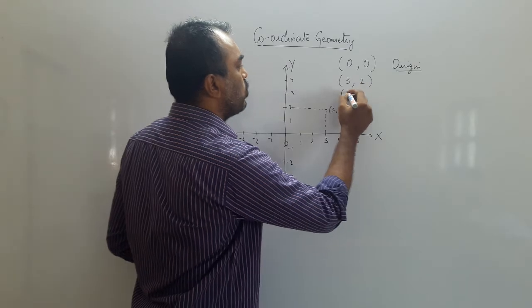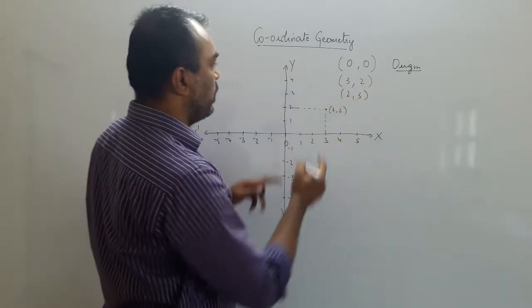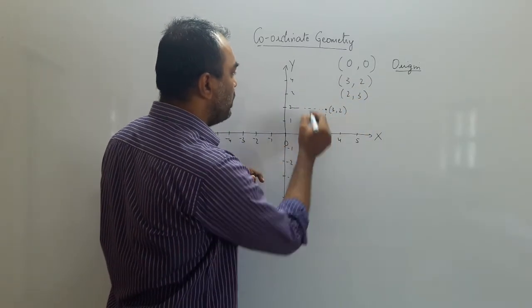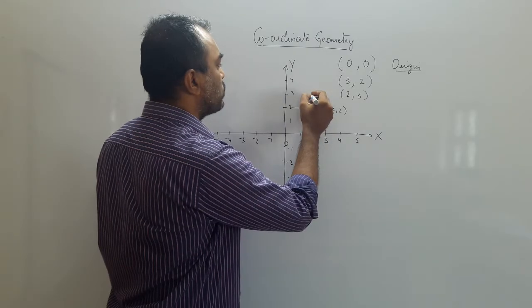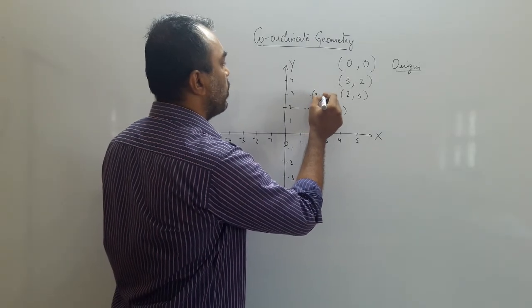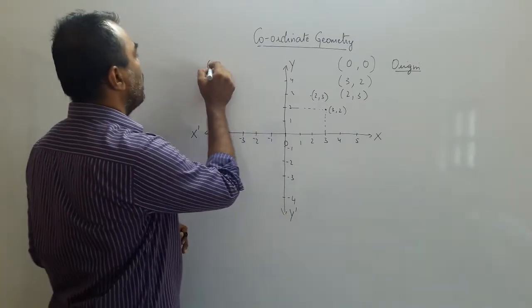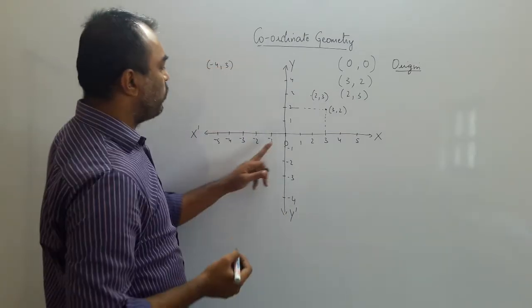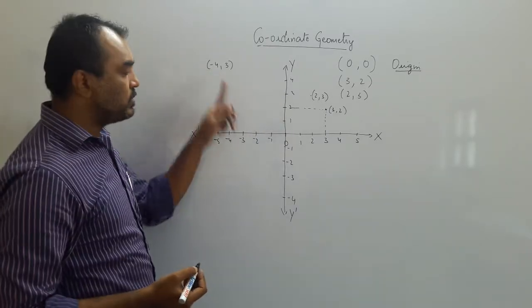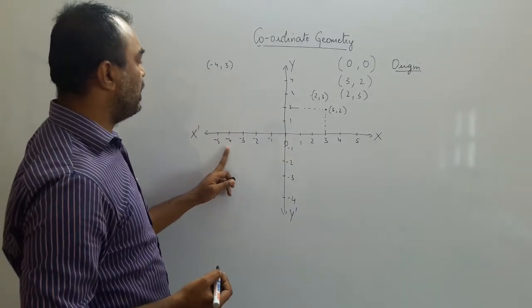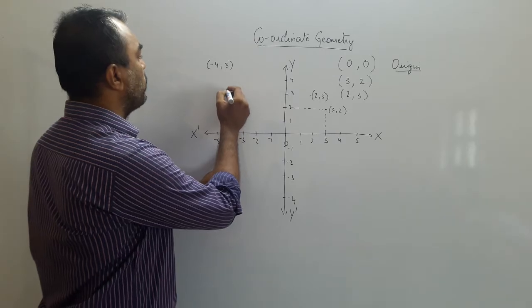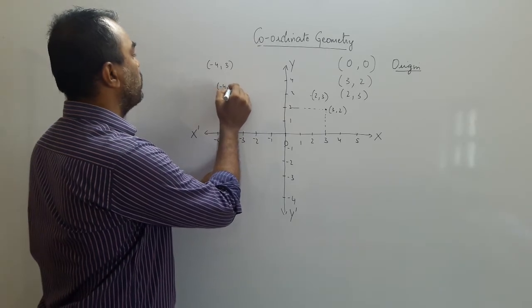But if you write 2, 3, it is not the same point. 2 means 2 steps to the right and 3 steps to the top. So this point is 2, 3. In the same way, if I write the point -4, 3, it means 4 steps to the left, 1, 2, 3, 4, and 3 points to the top. So this point is -4, 3.